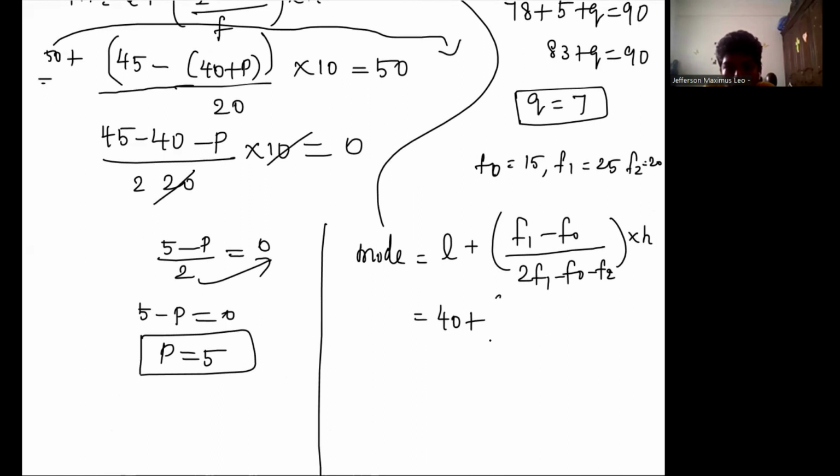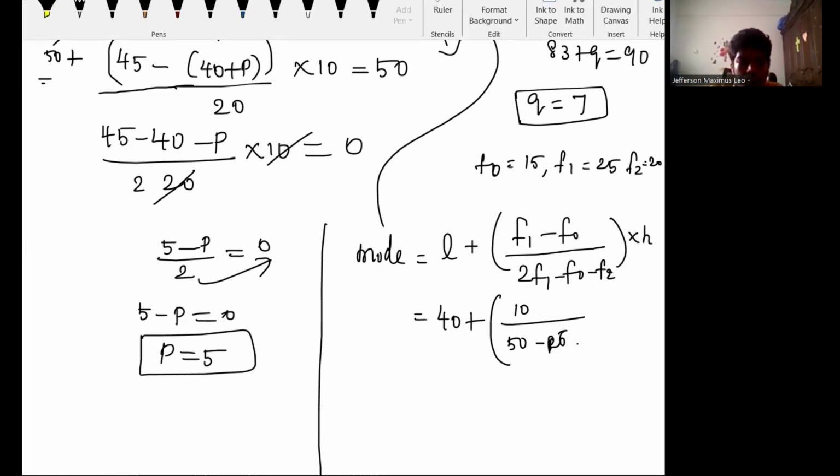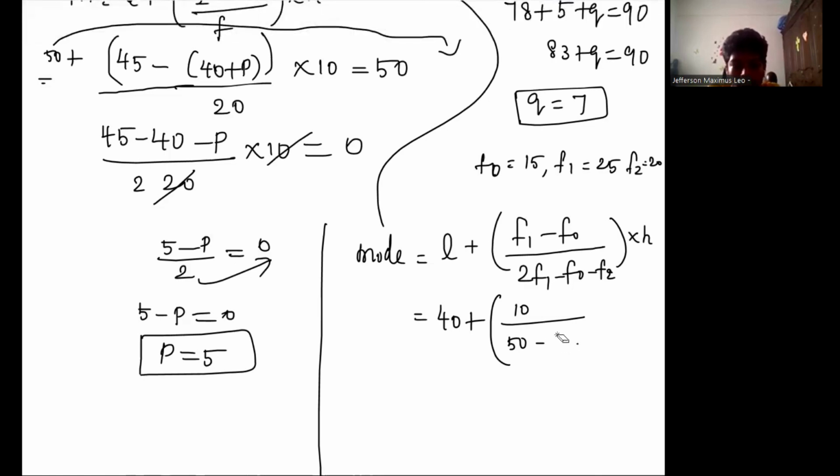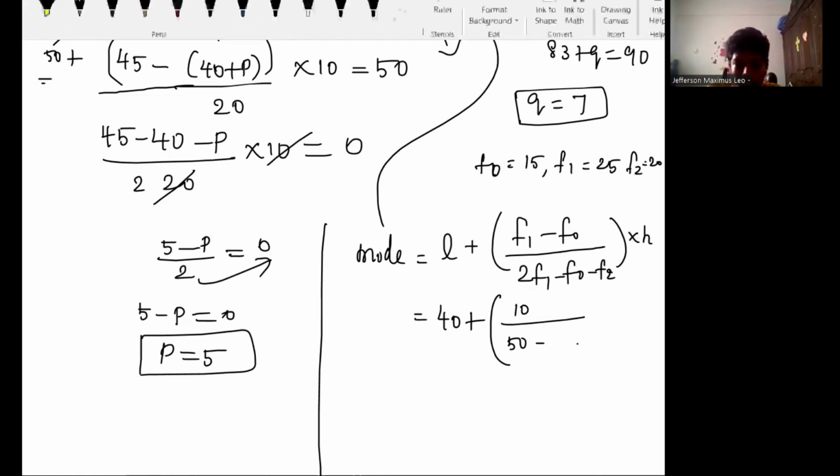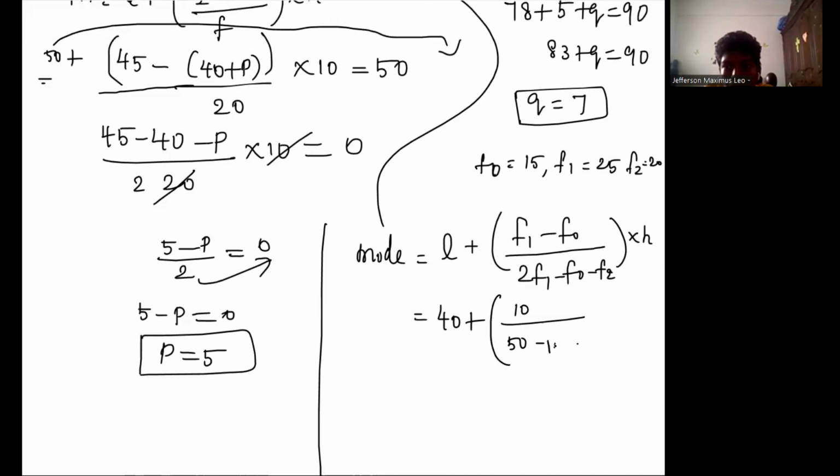Okay, ma'am. 25 minus 15 is 10. 2F1 is 50. Minus F0 is 15. Minus F2, which is 20.